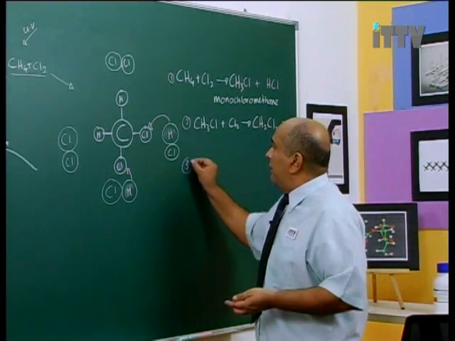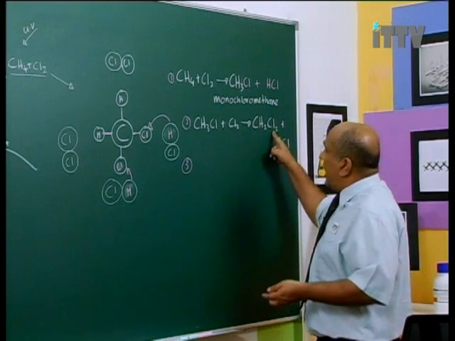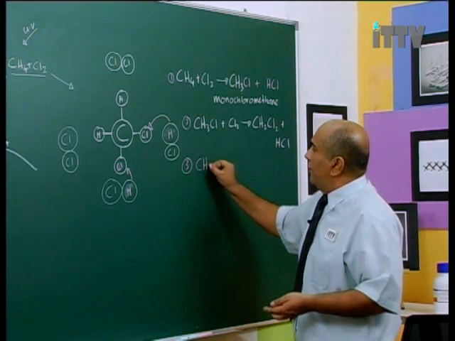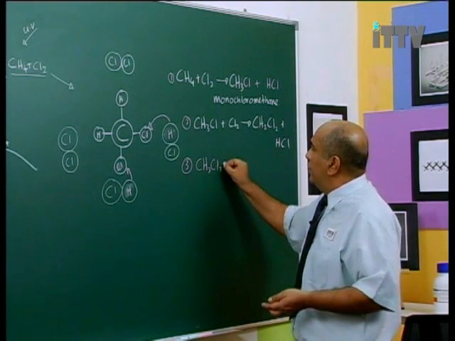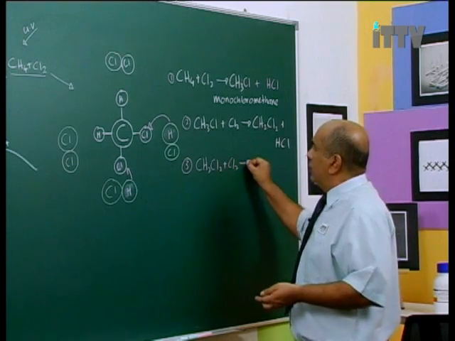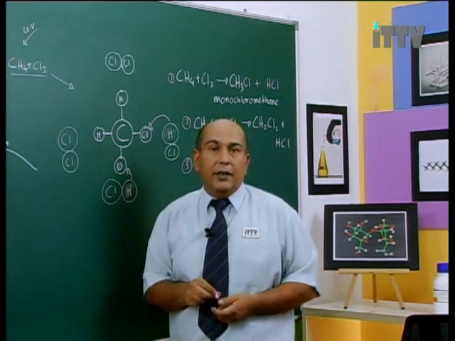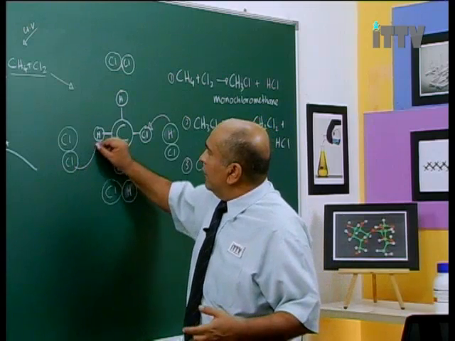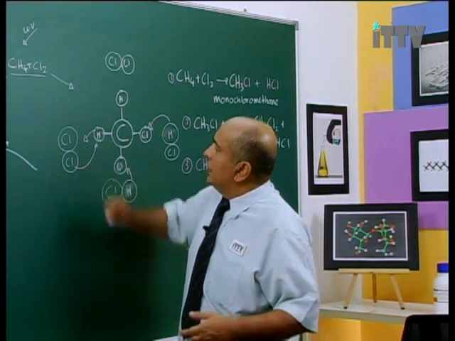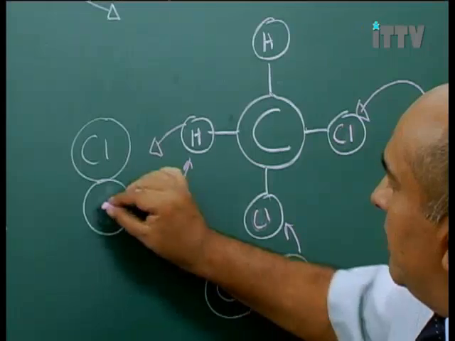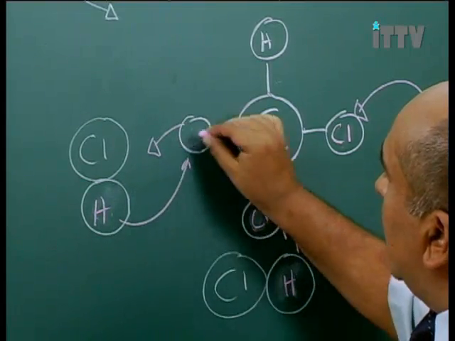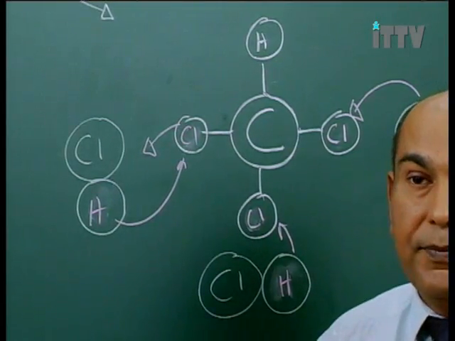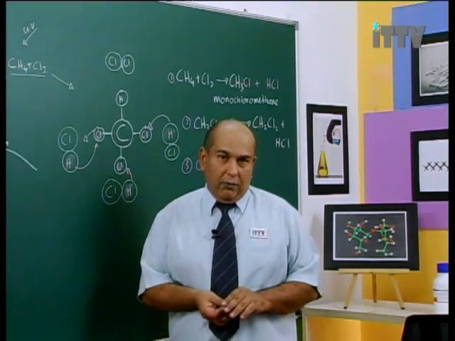Then we go to the third part. In the third part of the reaction, the dichloromethane is involved. So CH2Cl2 plus Cl2. Once again, we are substituting. This chlorine goes in, this hydrogen comes out. So this becomes hydrogen and this becomes chlorine. What's our product?